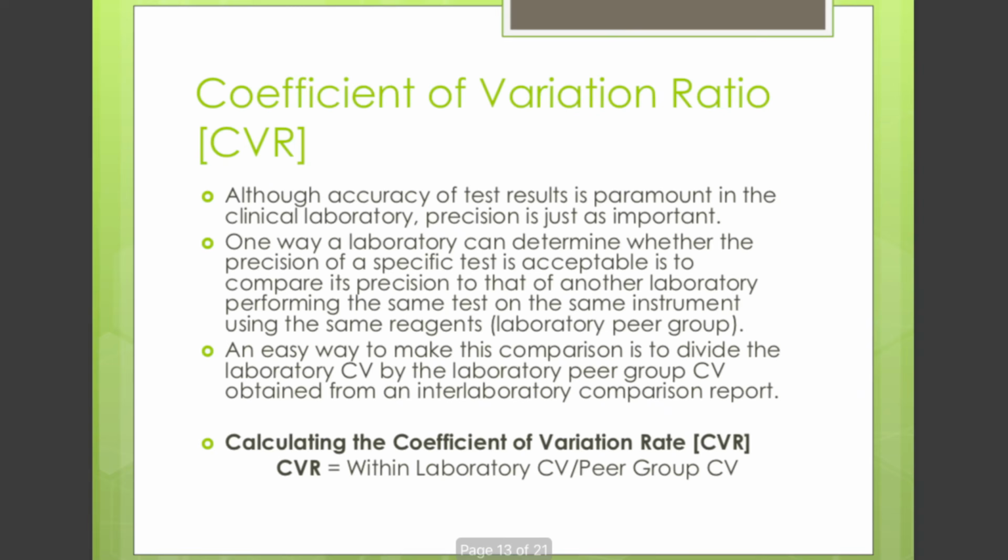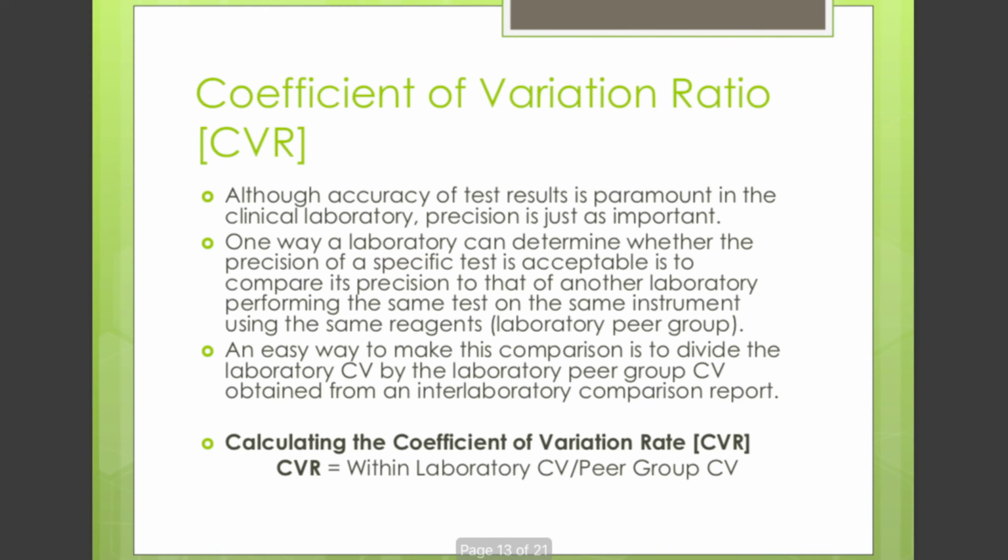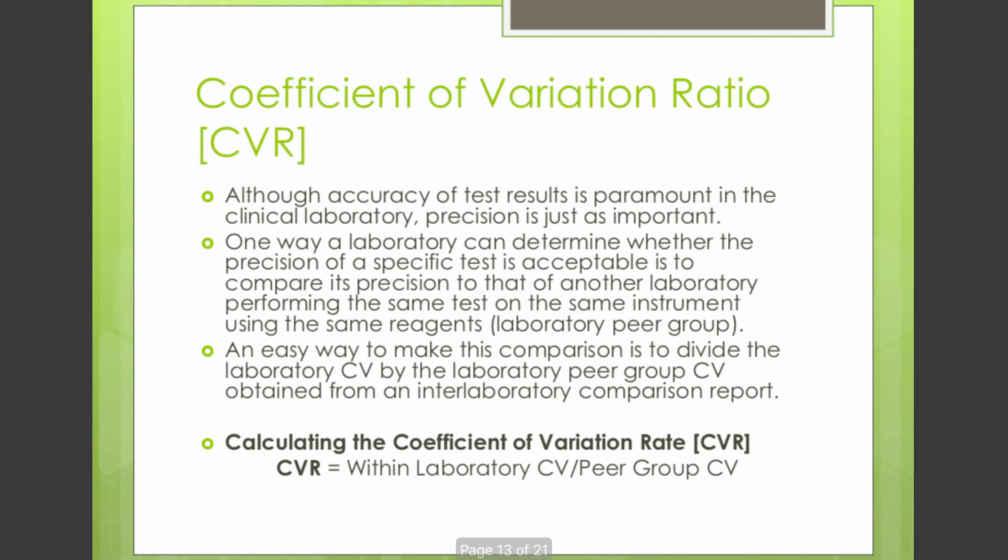Coefficient of variance can also be extended to what we call a coefficient of variance ratio. Although accuracy of test results is paramount in the clinical laboratory, precision is just as important. One way a laboratory can determine whether precision for a specific test is acceptable is to compare its precision to that of another laboratory performing the same test on the same instrument using the same reagents, what is termed the laboratory peer group.